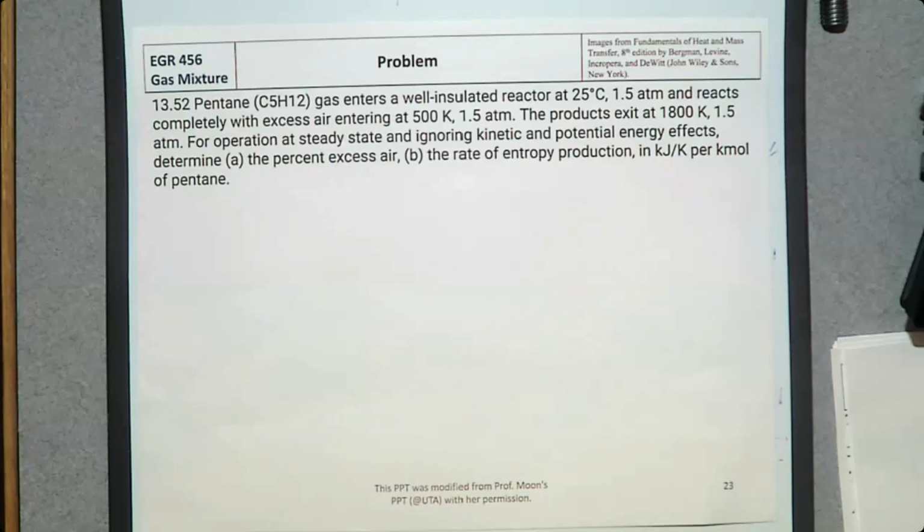Okay, so that's our plan. So for this particular problem, we need to be able to do all three: determining balanced reaction equation, determining the energy balance equation, and the entropy balance equation. Those three areas are the key three areas in this chapter.